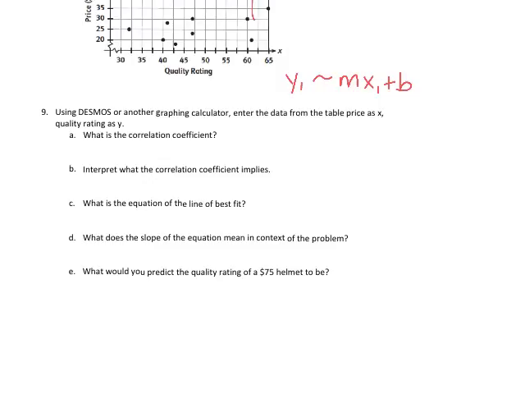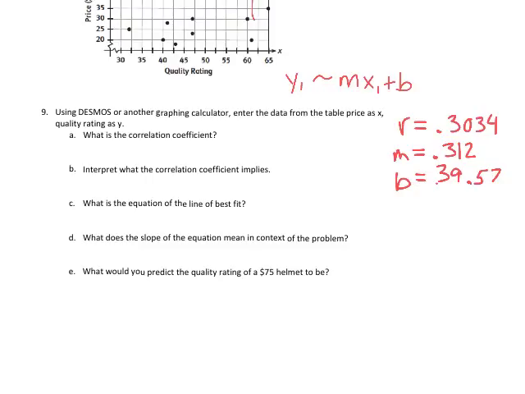Desmos spit out R equals 0.3034. It spit out M equals 0.312. And it spit out B equals 39.57. Okay, so those are the three numbers I care about from Desmos.